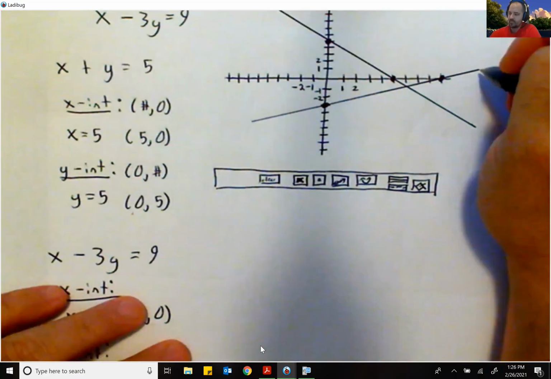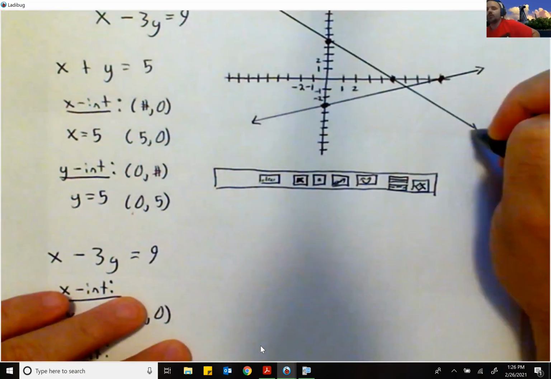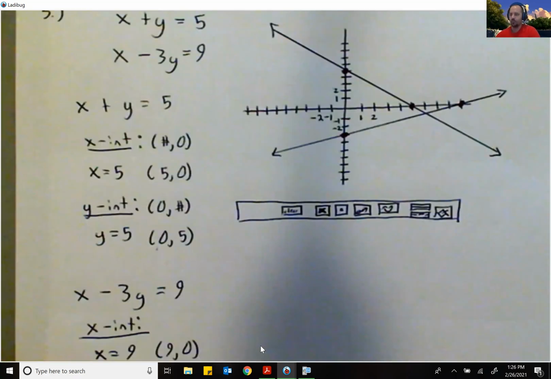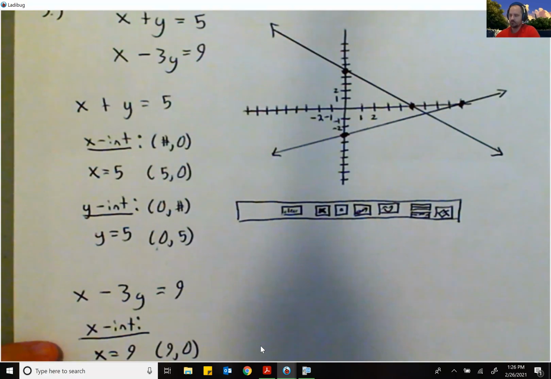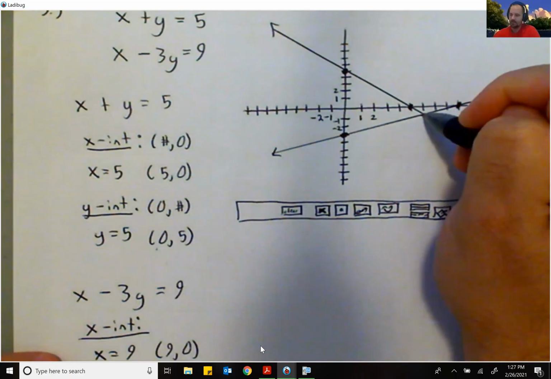So if we look at this, where is it that our lines are going to cross? 6, negative 1. Right there.